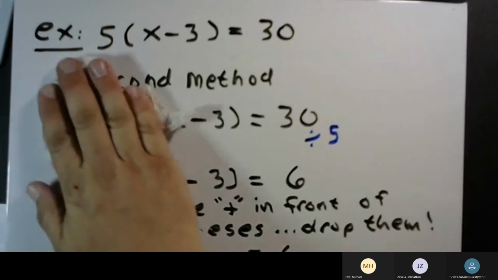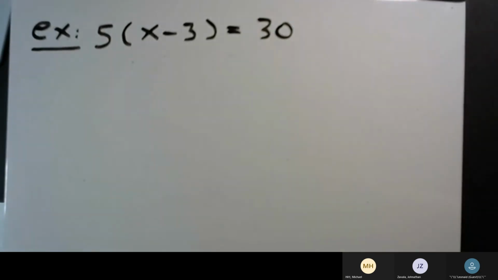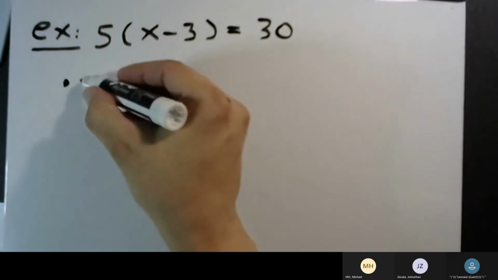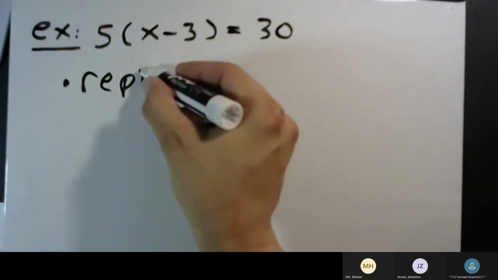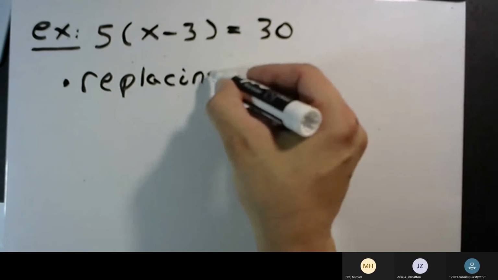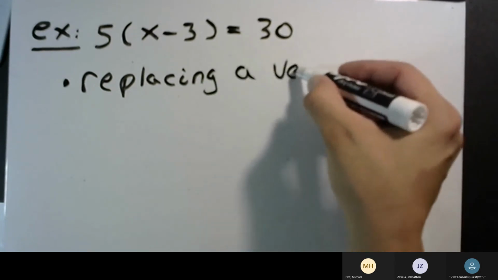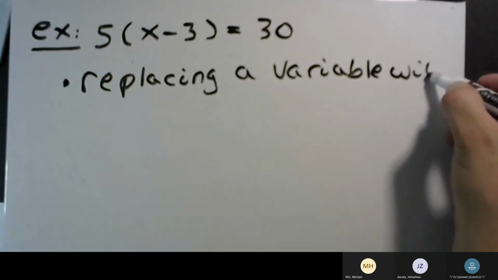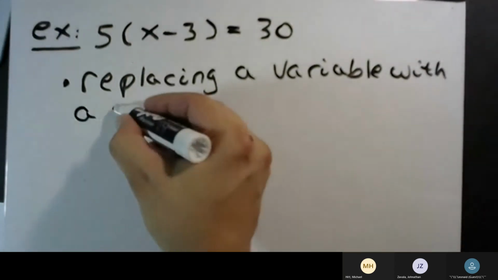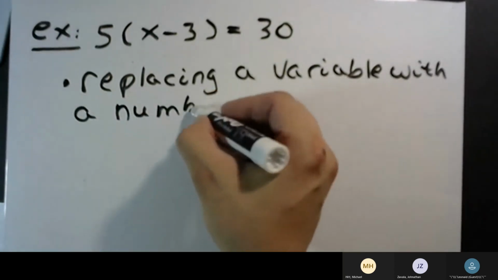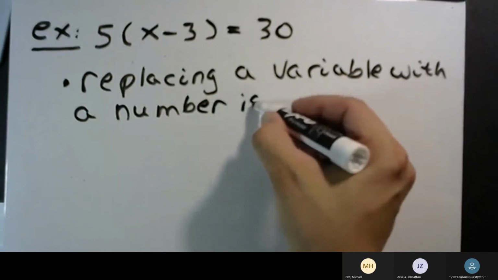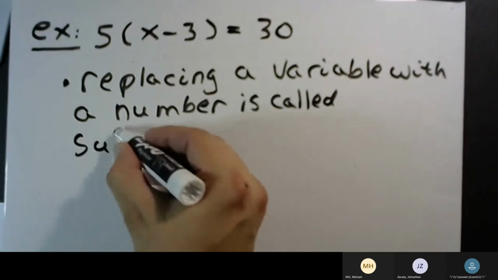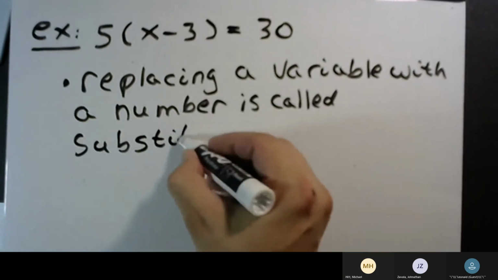So to check the answer, I'm going to give you some terminology. Replacing a variable with a number is called substitution.